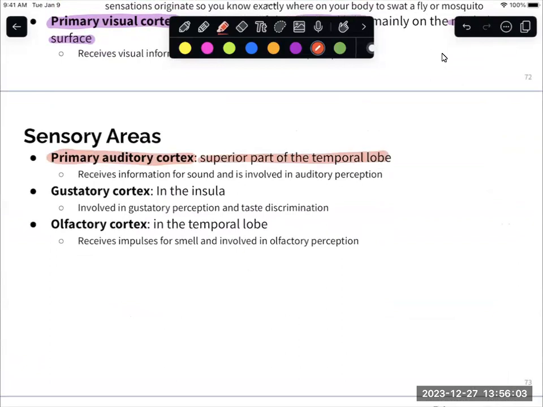So all sound, anything you hear, is going into that temporal lobe. While anything you taste, that gustatory cortex is in the insula. The insula lets you know that you're tasting something and what it is. And then that olfactory cortex is also in that temporal lobe. So smell, that is olfactory.